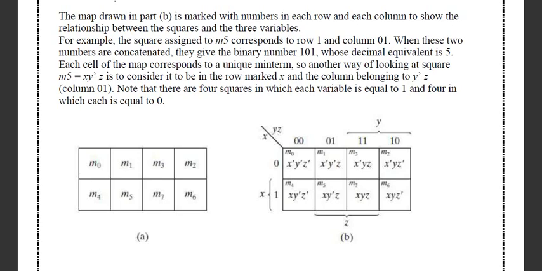For X we have the 0 section and the 1 section. In the 0 section, all the values of X have a bar: X bar, X bar, X bar and X bar. In the 1 section we have the plain X. If you are in the 0 0 section of YZ, then you have Y bar Z bar.